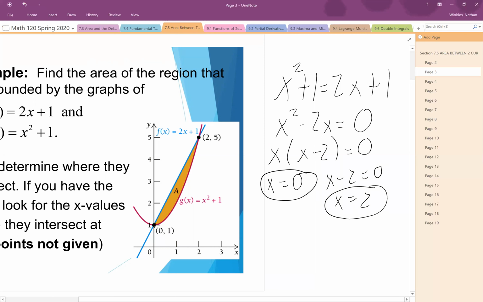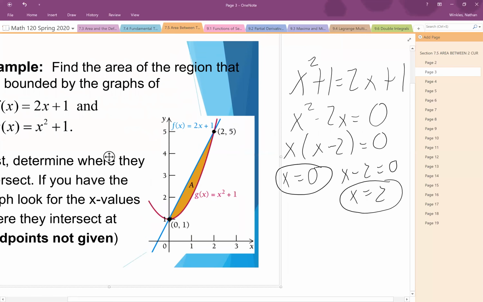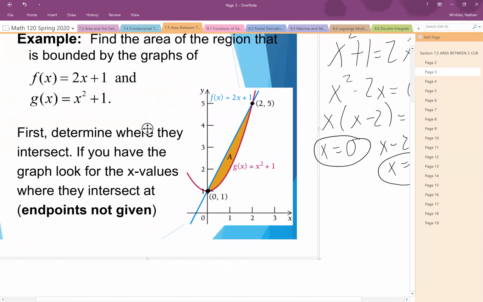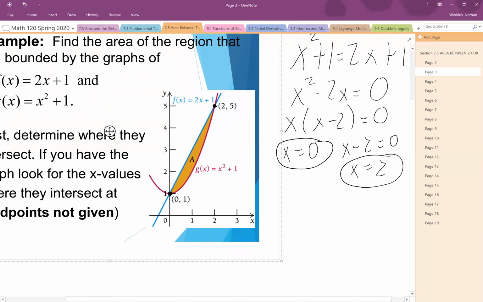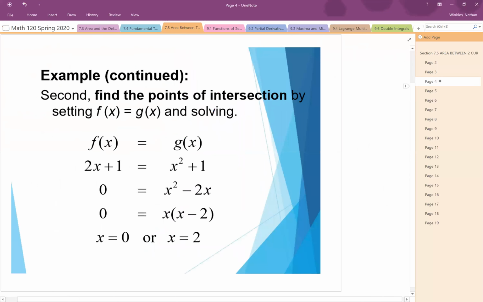Well, those are the two points they gave us, (0, 1) and (2, 5), as our two x coordinates. So this is if our endpoints are not given, because we had to find them. So there's our process of figuring out where they intersect. It's the same way I just did it.